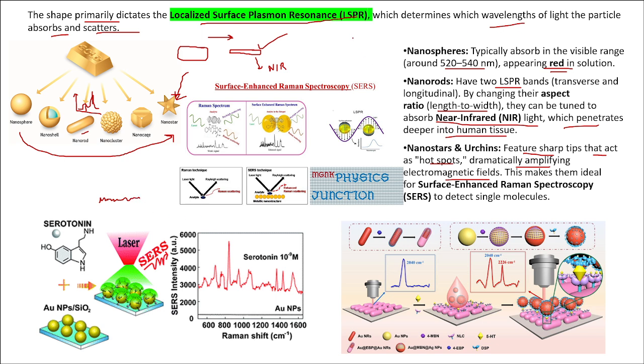Then, in surface enhanced Raman spectroscopy, what happens? Suppose we have an analyte and we couple it with some gold nanomaterial. When we combine our analyte with these gold nanomaterials, which show surface enhanced Raman spectroscopy, we'll get a very sharp and fine Raman signal.